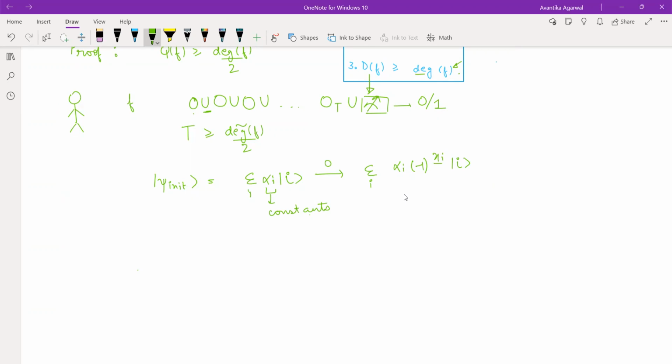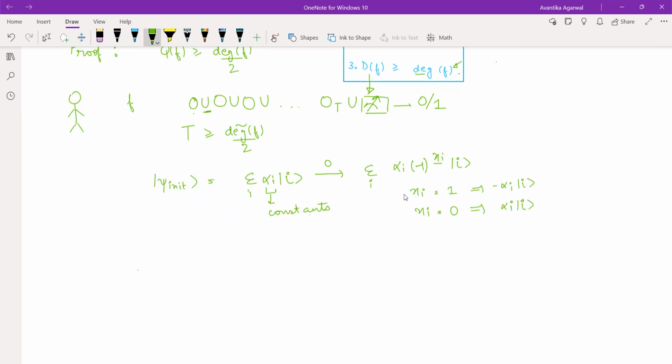Now, if you look at it carefully, suppose x_i is equal to 1, then this is actually minus alpha_i ket i. And if x_i is equal to 0, then this is alpha_i ket i.